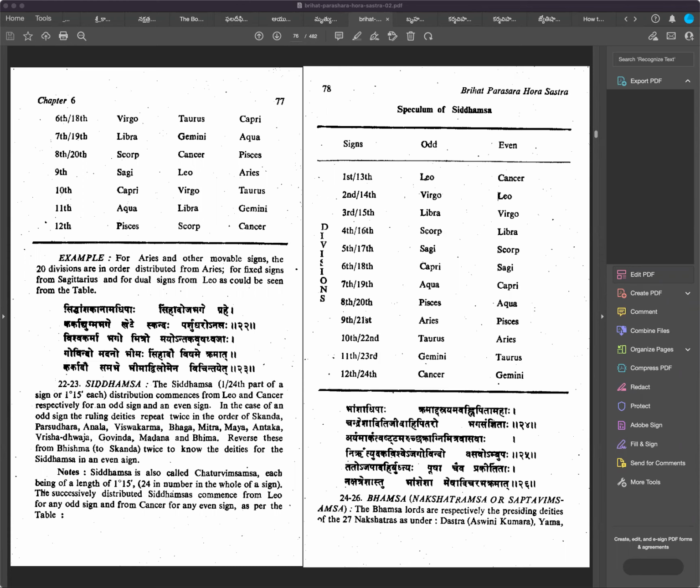I think that will be discussed in this book in the latter chapters, not immediately. So that's all the basic information about Siddhamsha. Any doubts you can ask, or we'll go next.